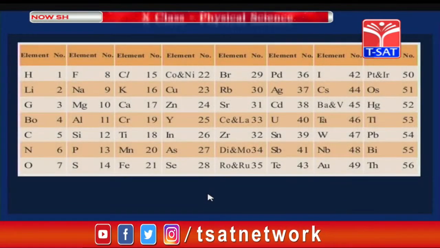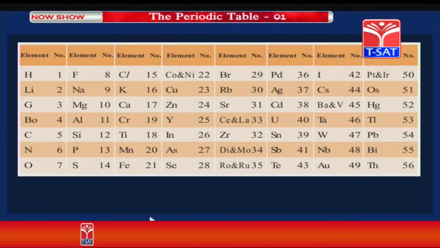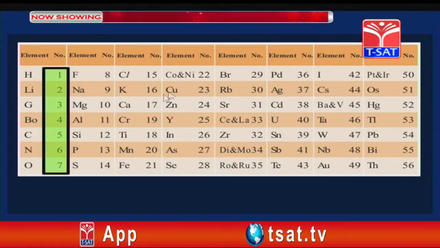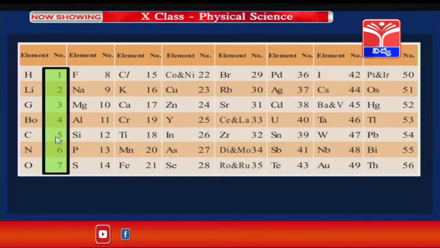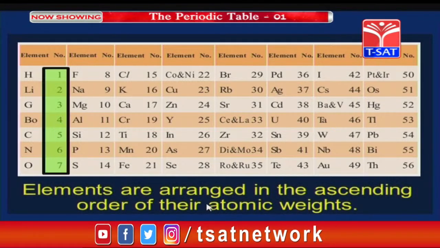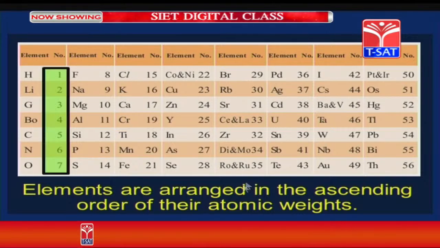Now, children, this is the periodic table given by Newlands. Here we find 7 groups. We see 1, 2, 3, 4, 5, 6, these are groups. Elements are arranged in the ascending order of their atomic weights.